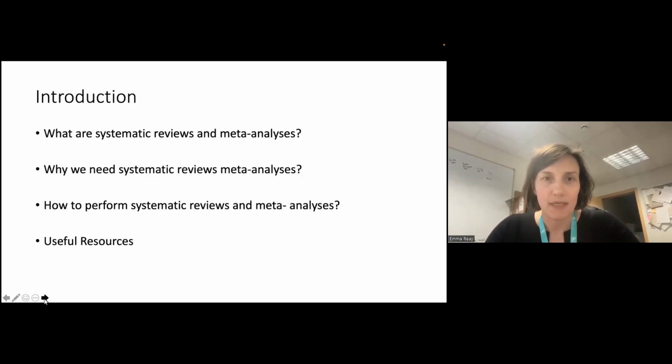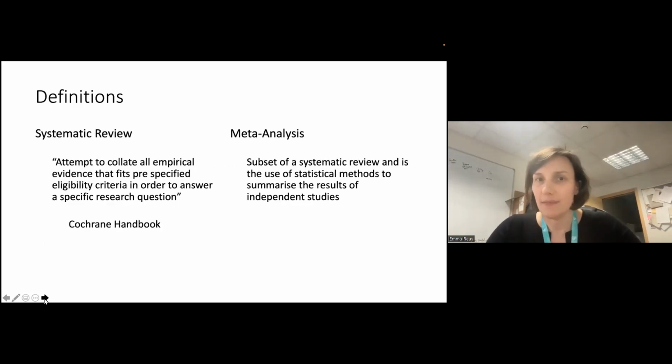So first of all, I'm going to go through what systematic reviews are, what meta-analyses are, why we need them, how you go about performing one if you wanted to get into that, and just some useful resources for people as well. So what is a systematic review?